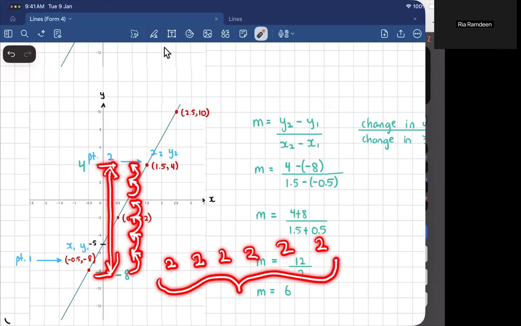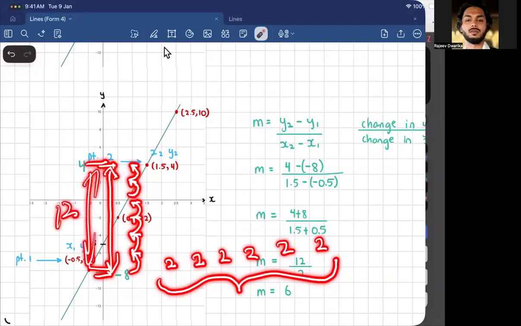That's 12. I hope you could literally see what I'm talking about. The change from -8 to 4 is literally 12 blocks. It's 12 blocks, and we got 12.